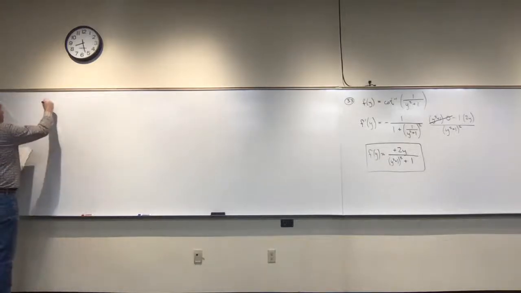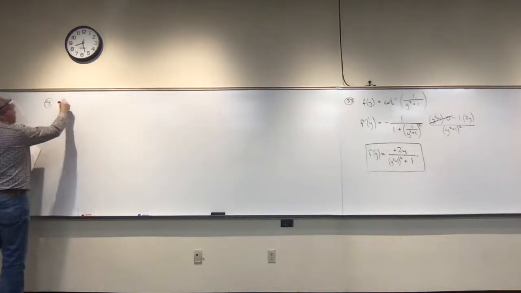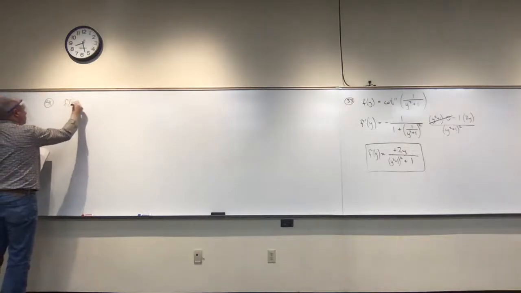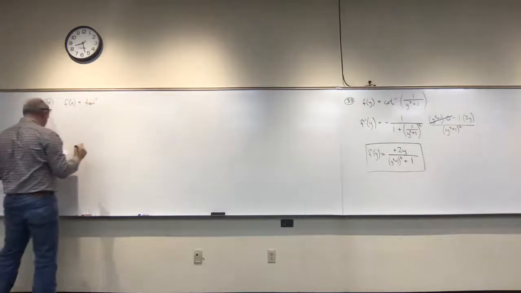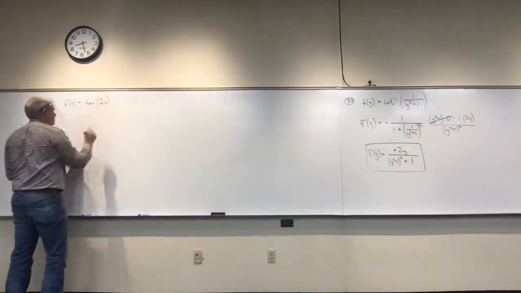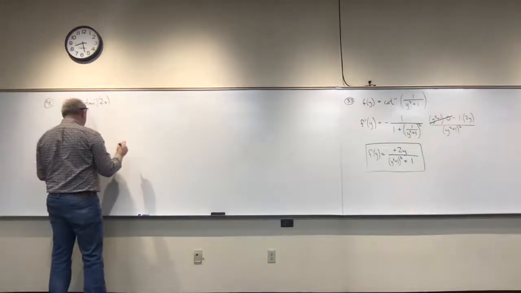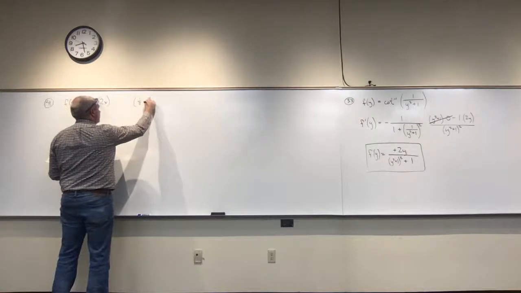Okay, 41. We have f of x is tan inverse of 2x at the point 1/2, pi over 4.